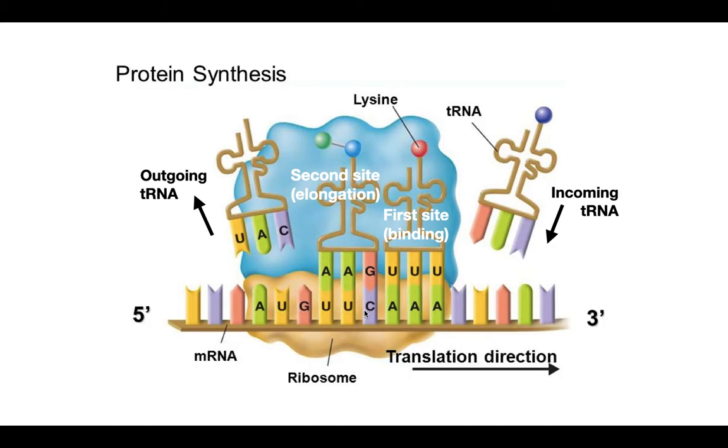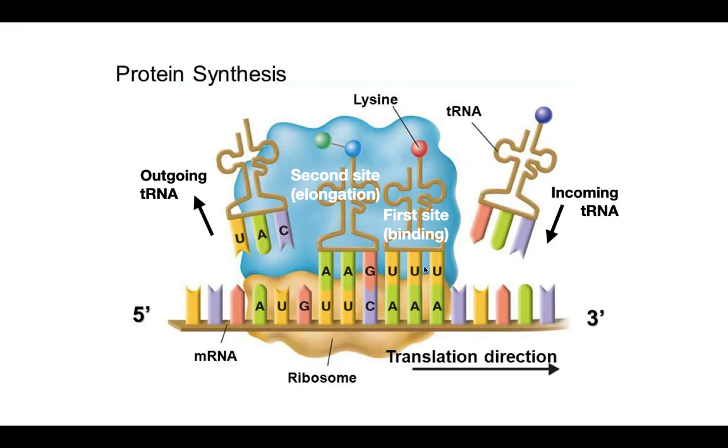You'll notice they also are being consistent about their shapes, with a curved shape for the adenine and the uracil, and a pointy shape for the guanine and the cytosine, indicating those are the ones that are going to preferentially bond to each other. As we read this from left to right, this incoming RNA on this side is about to connect up, and you can see that it's a nice match. It's got a cytosine, guanine for this cytosine, an adenine for this uracil, and a cytosine for this guanine.